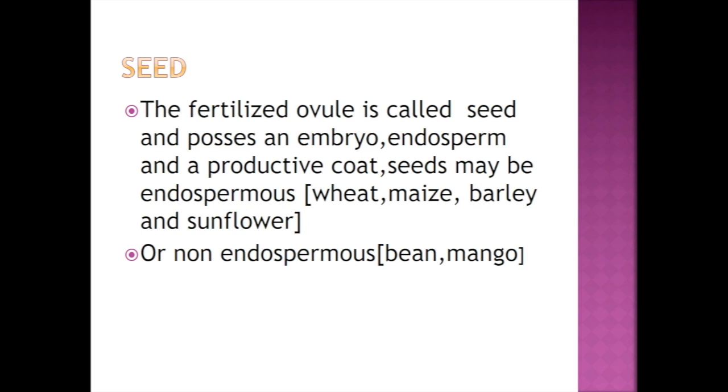Seeds may be endospermous; examples are wheat, maize, barley and sunflower. The next, non-endospermous, examples are bean and mango.